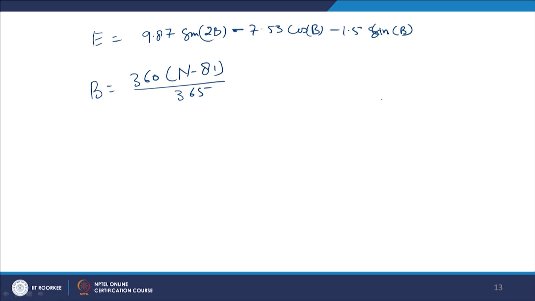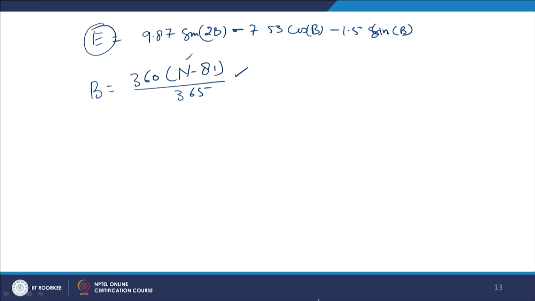If we want the value of E in July, we take n as 182 and put the value of B in this equation, and we get the value of E. This E will be added to the local time, and this will give us the solar time.